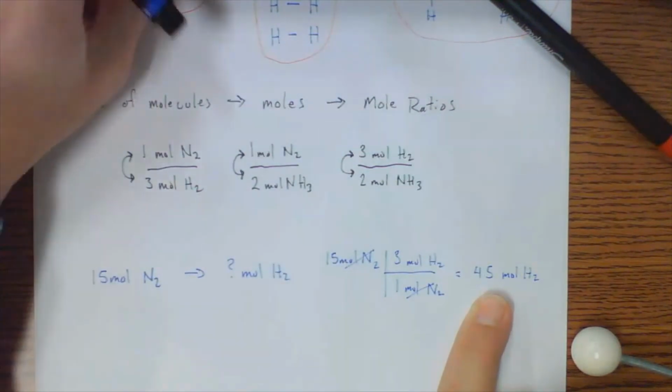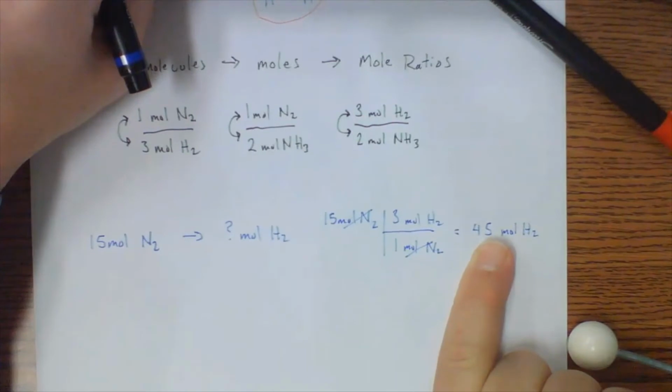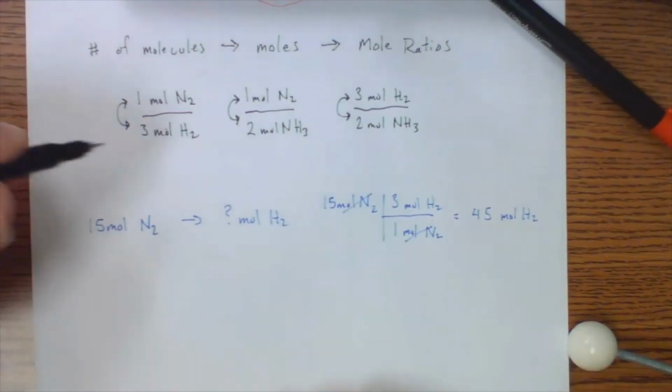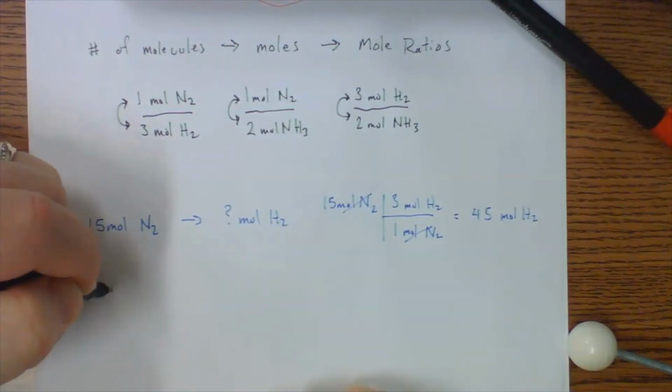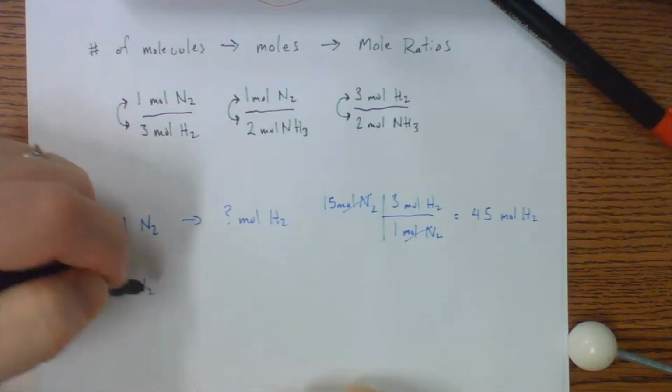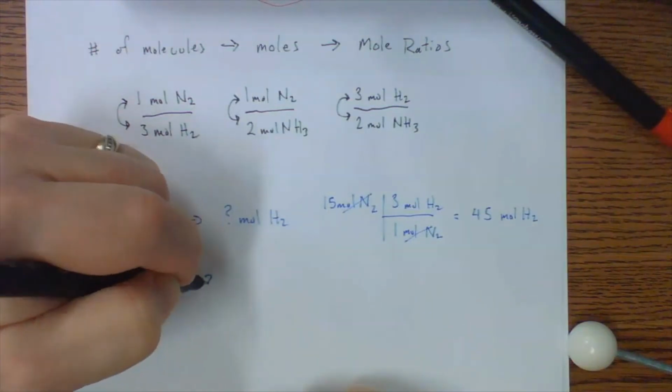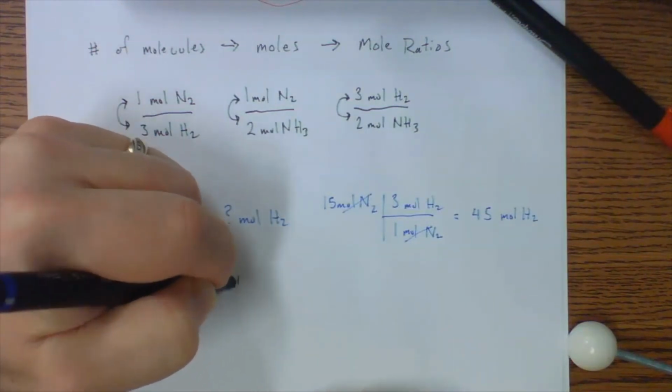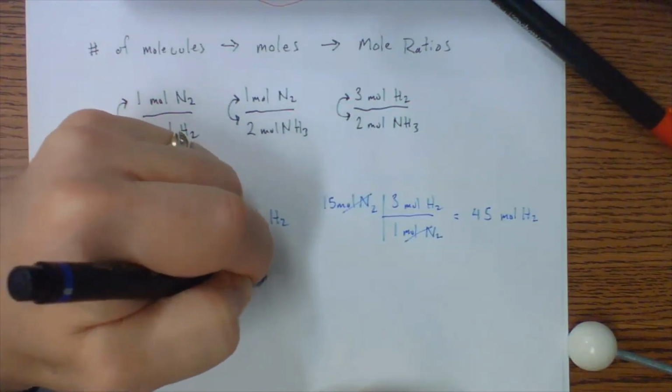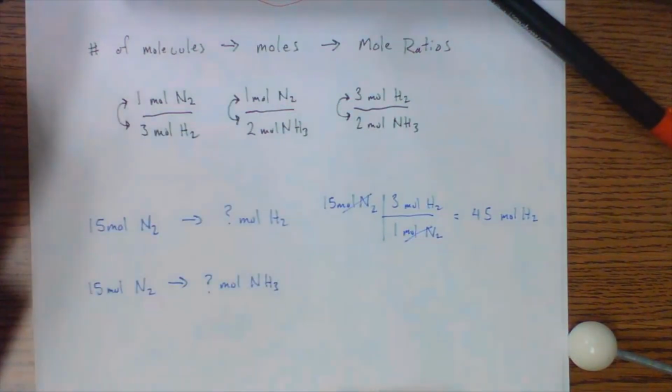Now what if I wanted to say, okay, how much ammonia am I going to produce? So if I have my 15 moles of N2, maybe I want to figure out how many moles of NH3 I'm going to produce. So I'm going to set that up as a problem.